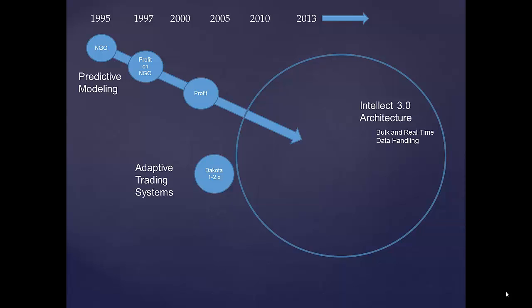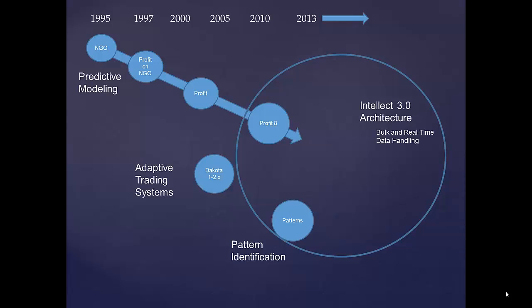No longer do we have these monolithic applications where everything's hard coded. And so shortly after we came out with the Intellect 3 architecture, we put Profit in there as the first application that was built. So Profit 8 was on the early version of the Intellect 3 architecture.